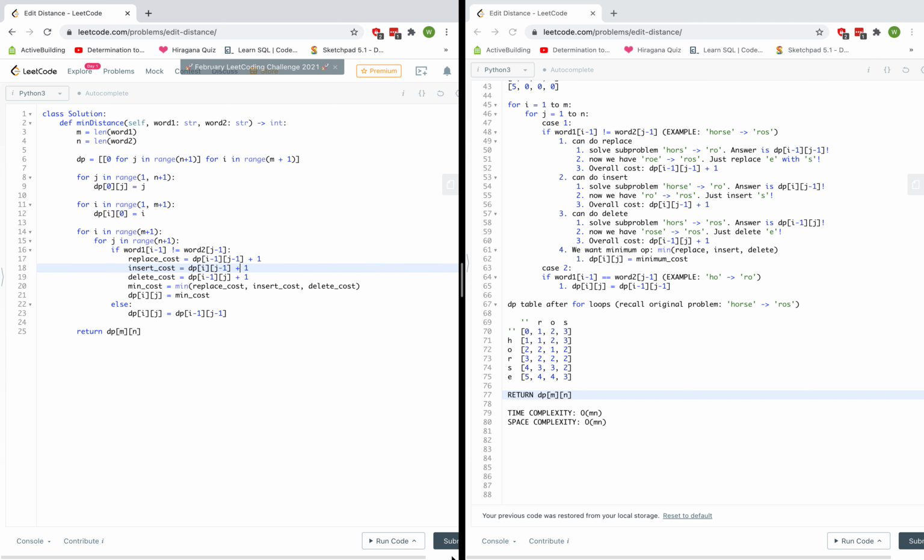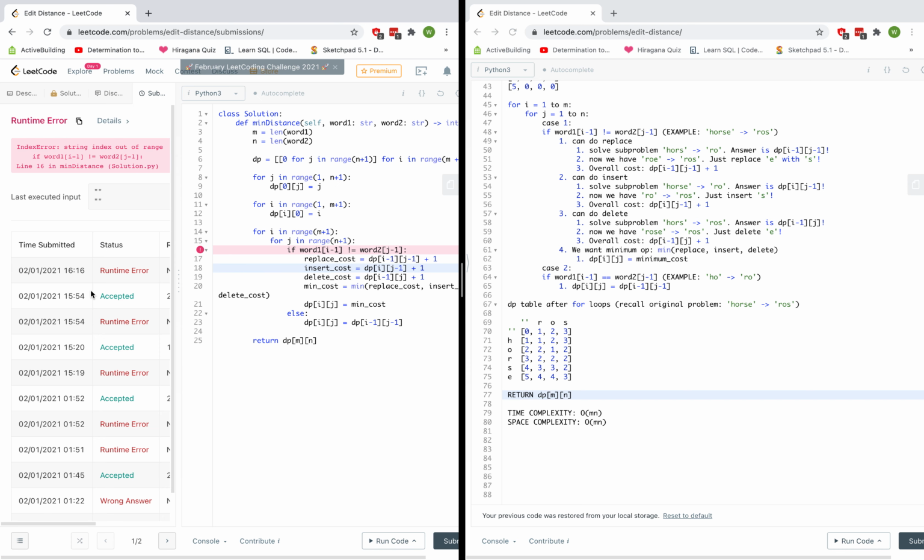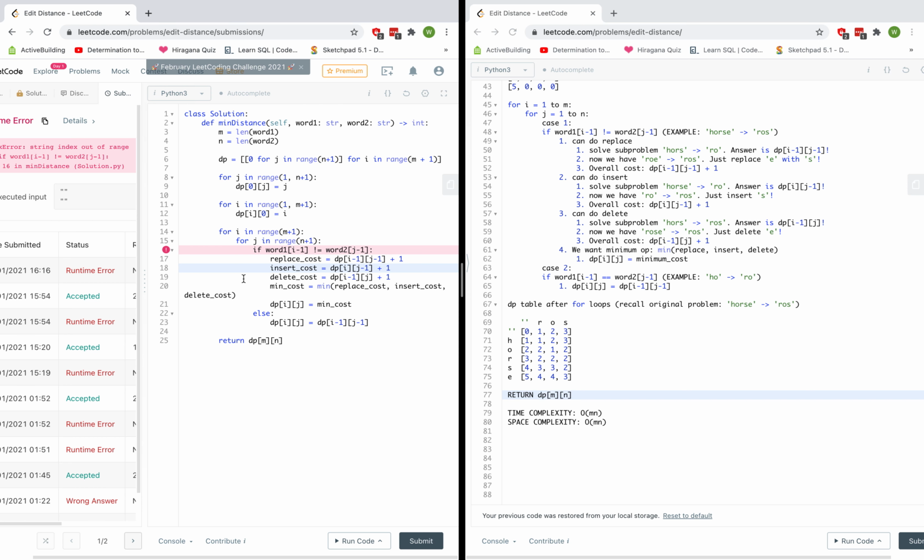All right, let's see if this works. Let's see. We have string index out of range here. So again, you have to be very careful with your indices.